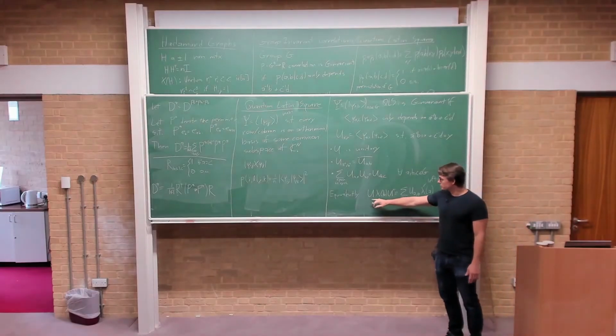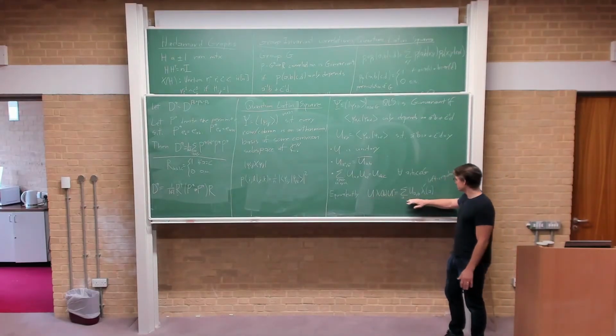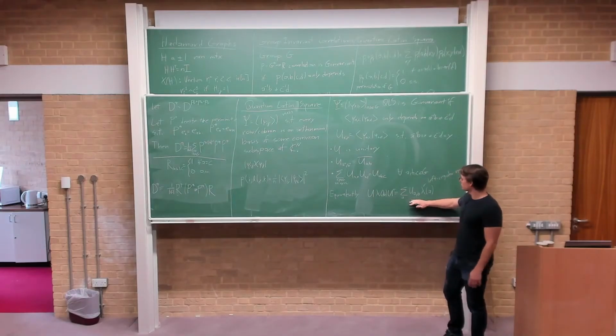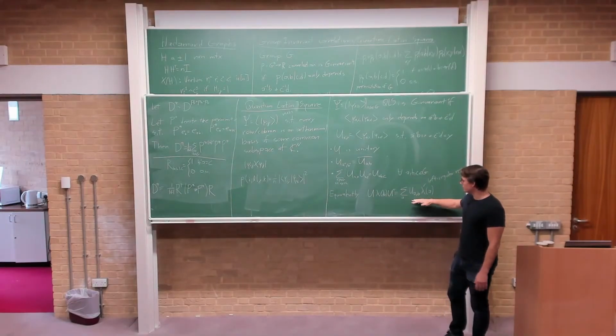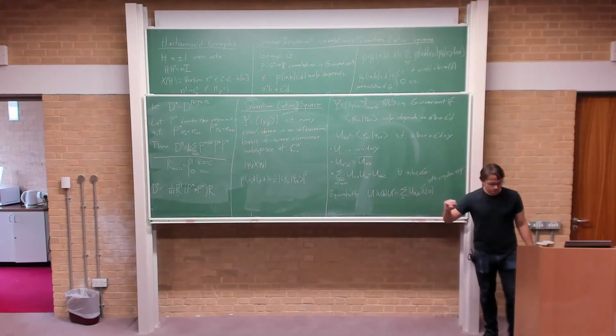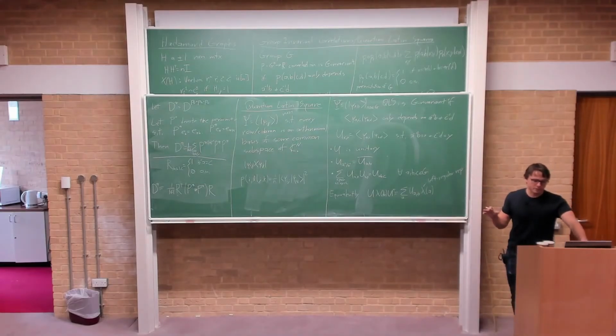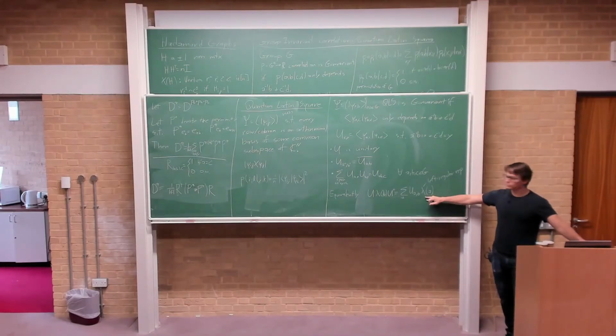So it means I have a unitary such that this holds. What's going on here is that these unitaries are precisely the automorphisms of this group algebra spanned by these, that preserve trace and conjugate transpose.